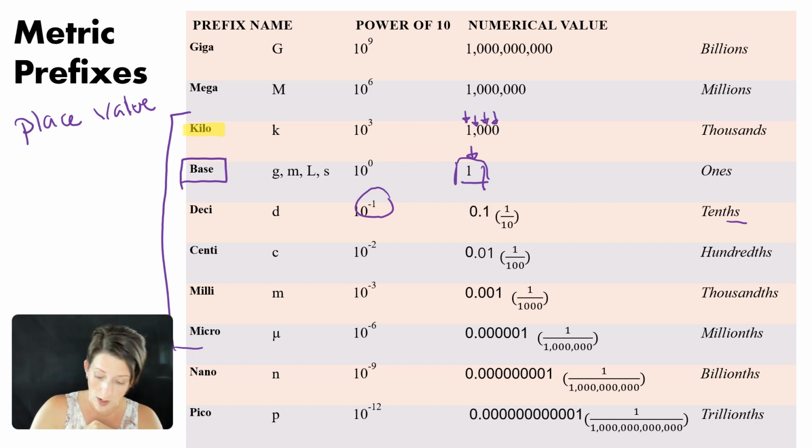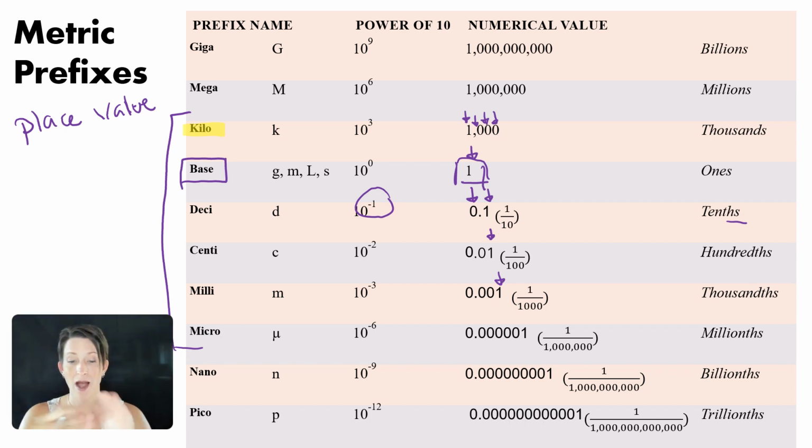If we have the ones place, then we have the tenths, the hundredths, the thousandths, so on and so forth, as we move down that lane. So if you can do your place value chart, you can then start to place the prefixes based off where your number resides.